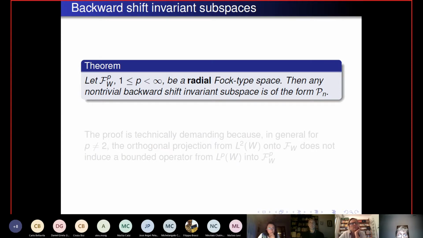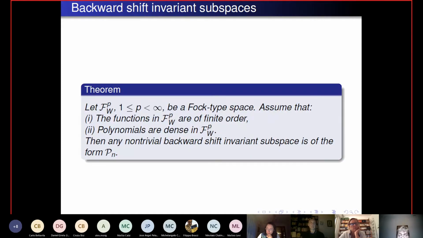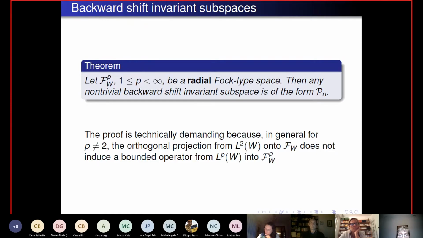Now, as much as I like the proof of this result, it is quite demanding and technically difficult, simply because you don't have a projection. In most of these types of spaces of analytic functions, you have a projection from the big space, the weighted L2, onto our space consisting of analytic functions.